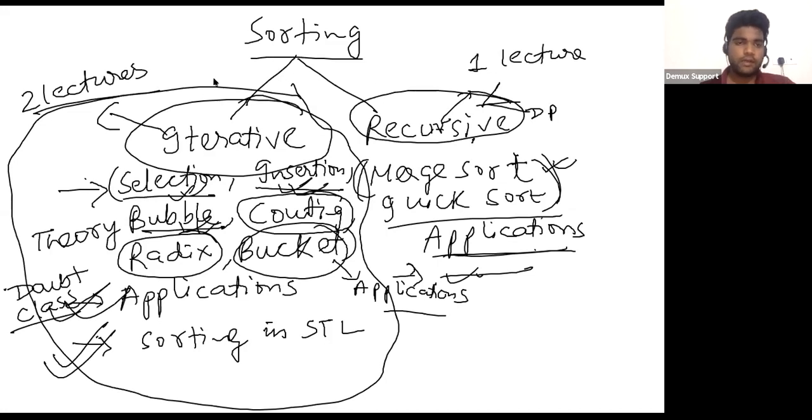Topological sort again in graphs we will be covering. All right. So do you want counting sort to be discussed again, or are you guys fine with counting sort and we can skip directly to radix and bucket sort? Yeah, everyone is fine with counting sort.